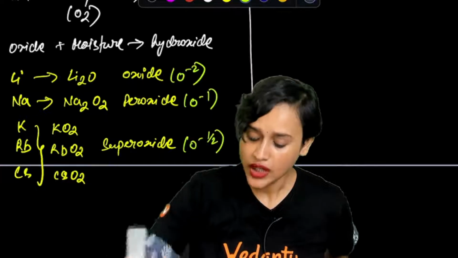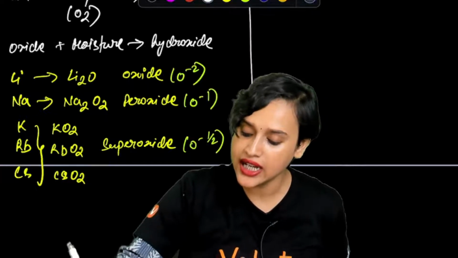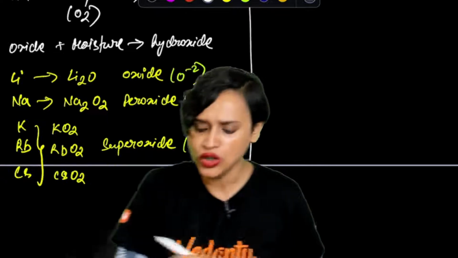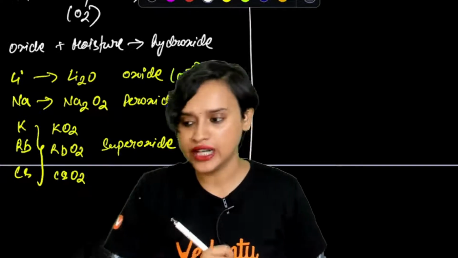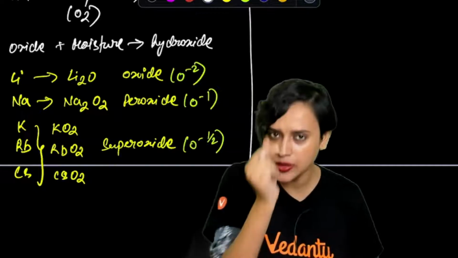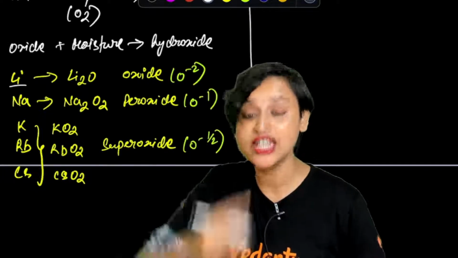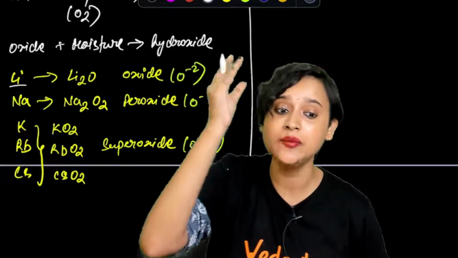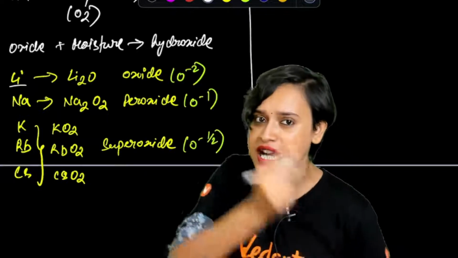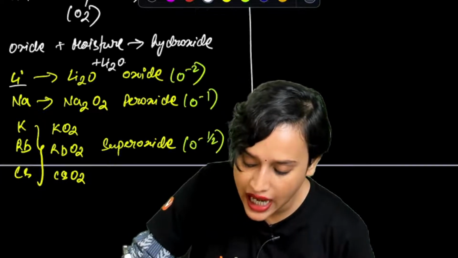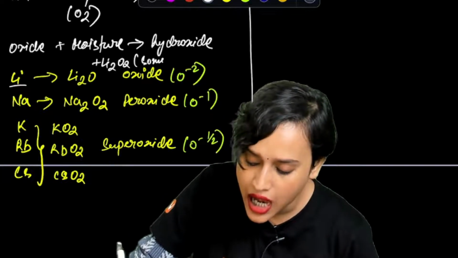Now, what did I tell you? I told you just now that you get oxide here. But do you know that when lithium is reacting with oxygen, it not only forms oxide, but also forms a little amount of peroxide, Li2O2.